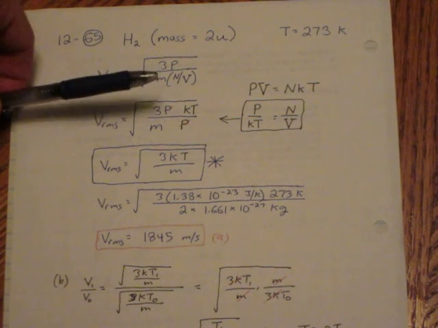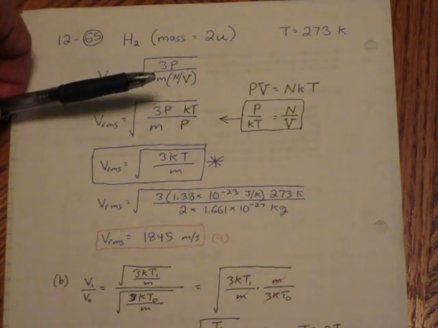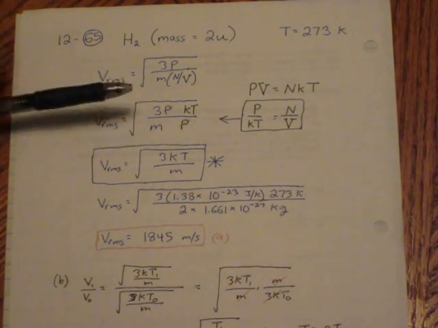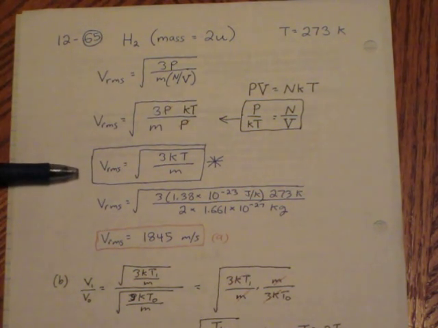So when I substitute N over V with P over kT, the P's will divide out. And this right here, that my pen is pointing to, is a much more convenient equation for the root mean square speed: square root of 3kT divided by m. So that's a good one to tuck away in your notes to save for when you need it.